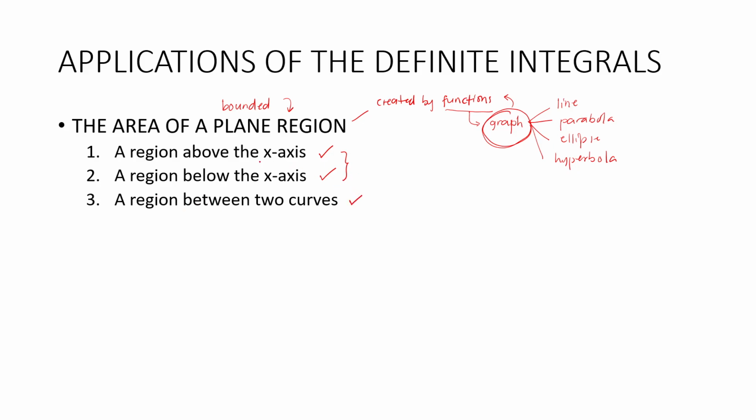Of course, there are other combinations of your graph. It may be a line plus a parabola, or it may be two parabolas. It may be an ellipse plus a parabola, right? So it will depend on the given functions that you are presented with.